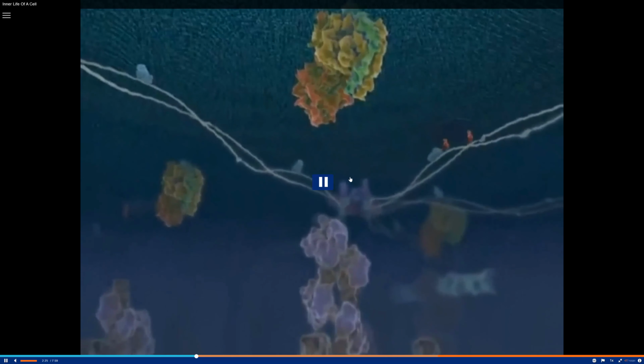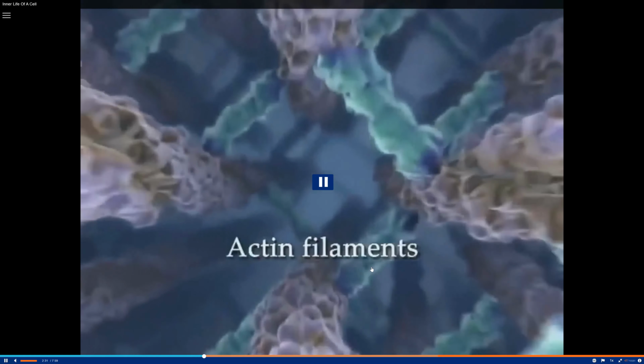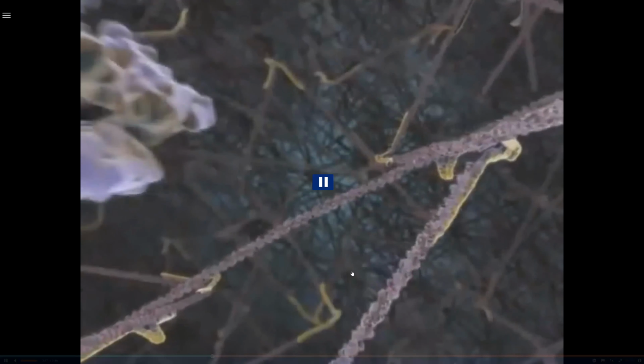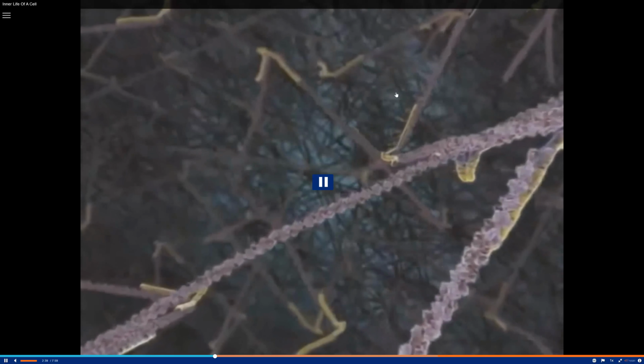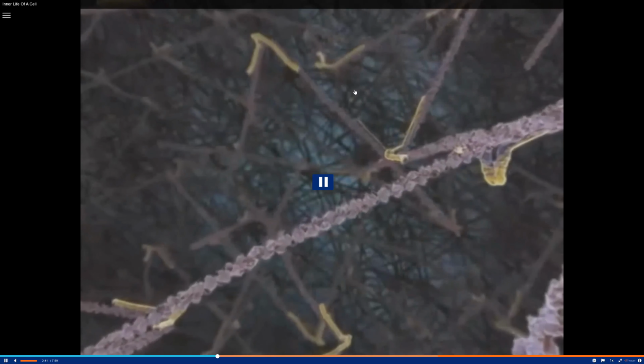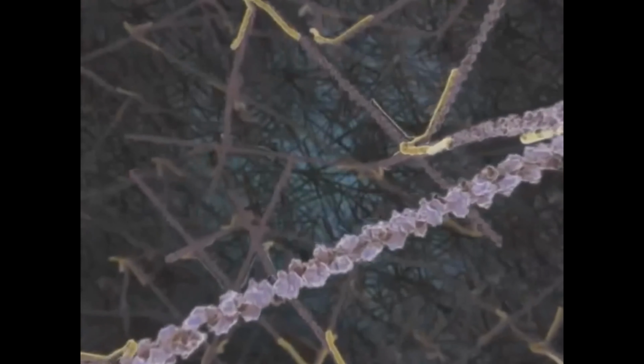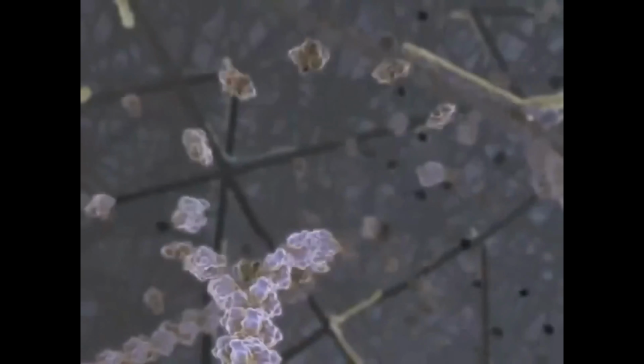But as we look down closer into the bottom of the cell, again, something that looks a lot like a skeletal structure. And these are the actin filaments or microfilaments, right? Notice how much they look like scaffolding, something that is holding up the cell and giving it shape and structure. And then here's something really cool. This is actually showing the actin filament being formed.